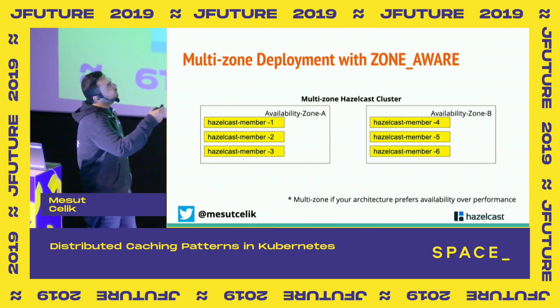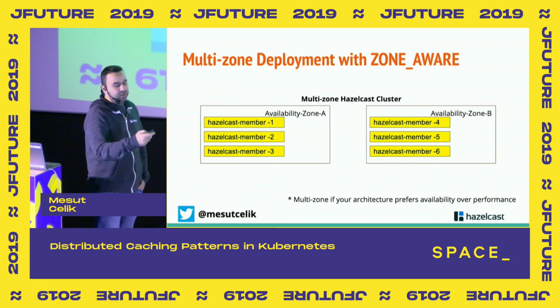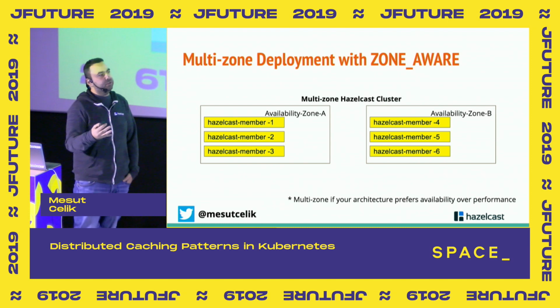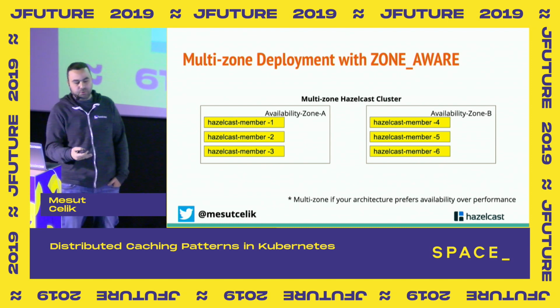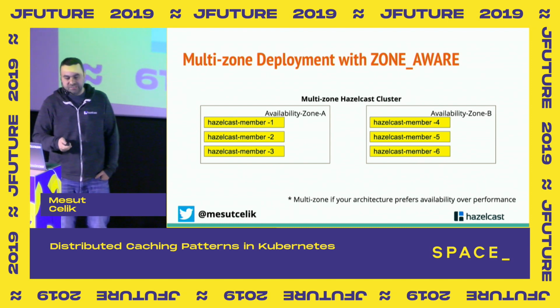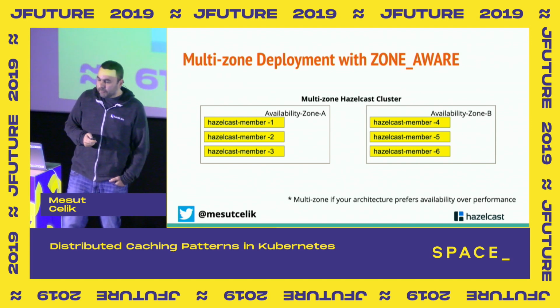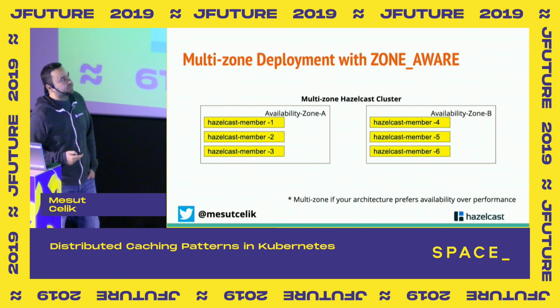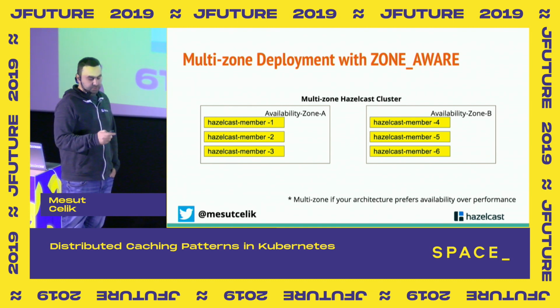So in case one of the availability zones goes away, you will not lose any cache. Your cache data will be promoted from backups on the existing availability zone. So this is another best practice that you can apply.